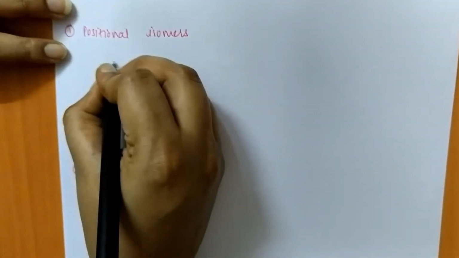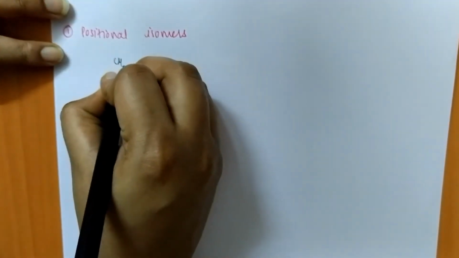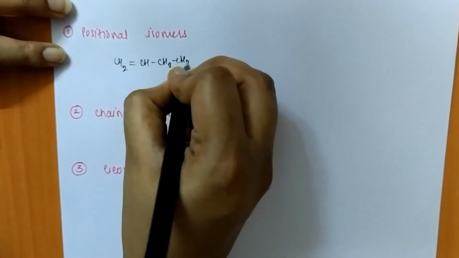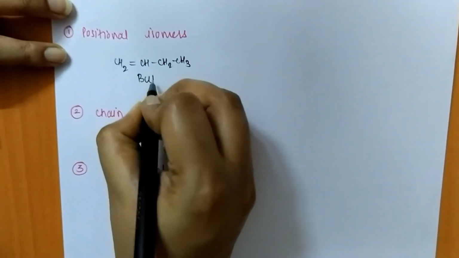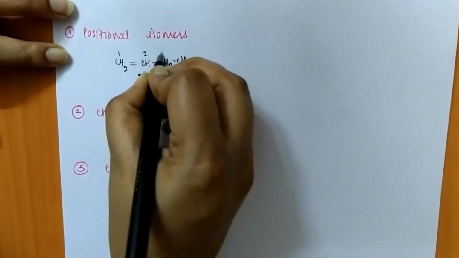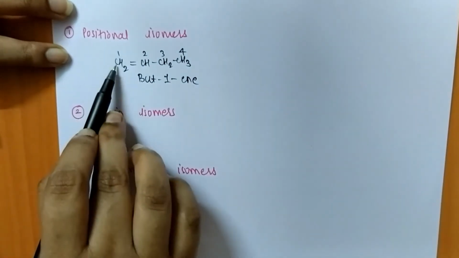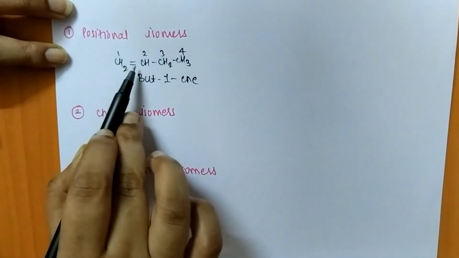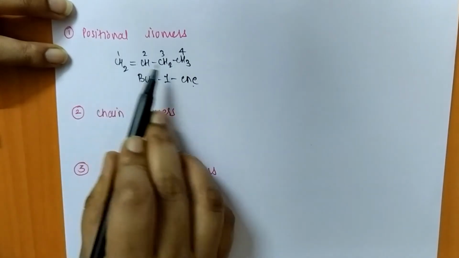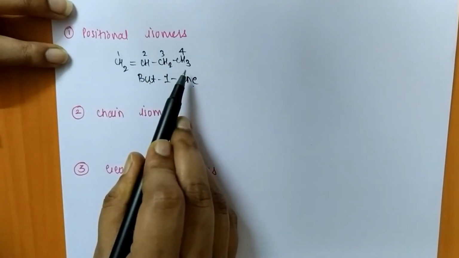For example, let us consider but-1-ene, that is carbons 1, 2, 3 and 4. At the first position we have the double bond, so we write it as but-1-ene, where there are 4 carbon atoms.